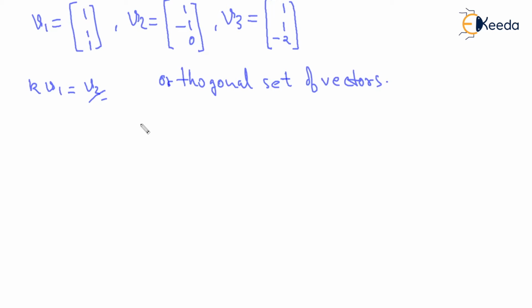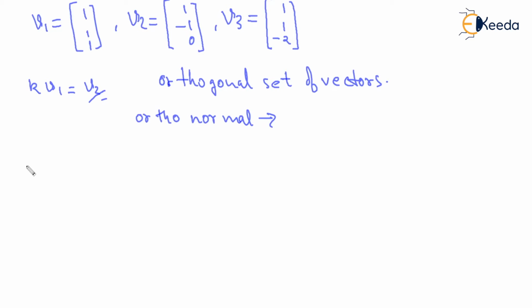Now what is orthonormal? Orthonormal is a set of vectors which are orthogonal and of unit length. So definitely V1, V2, V3 are orthogonal, but we'll have to check whether they are of unit magnitude or not.